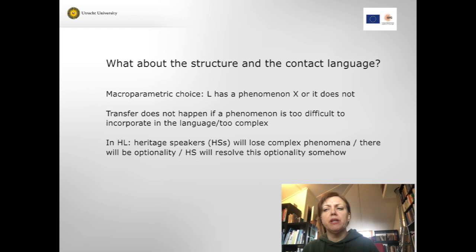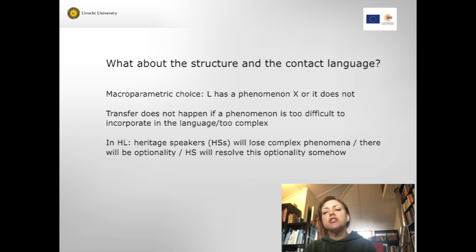So transfer does not happen if a phenomenon is too difficult to incorporate. Normally, and this we know from traditional contact studies, if you have a gap, if you have something you need, you incorporate, you borrow. That's very easy to see in the cases of lexical borrowings, for interjections, for instance. That's something you borrow immediately because it's easy to incorporate in your language.